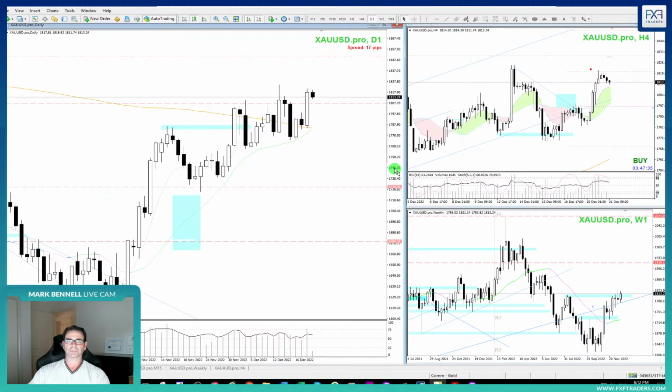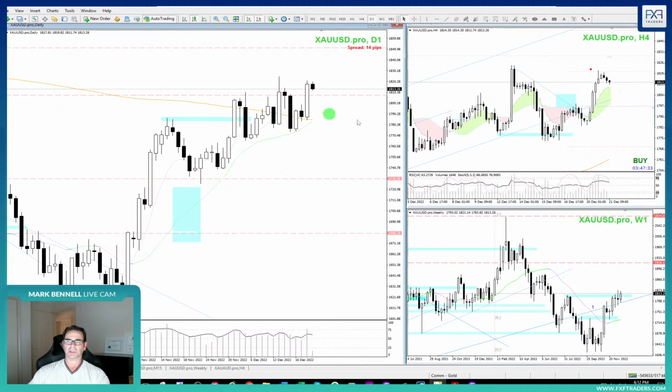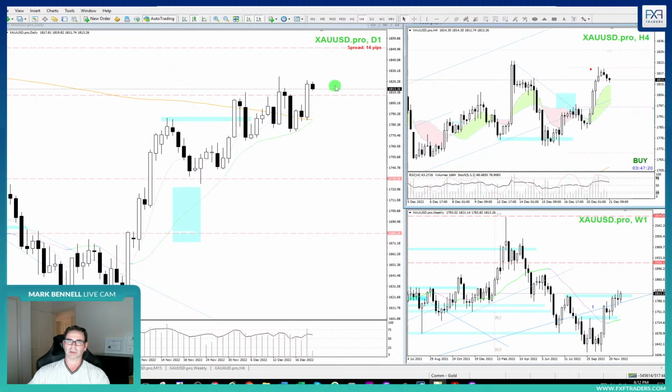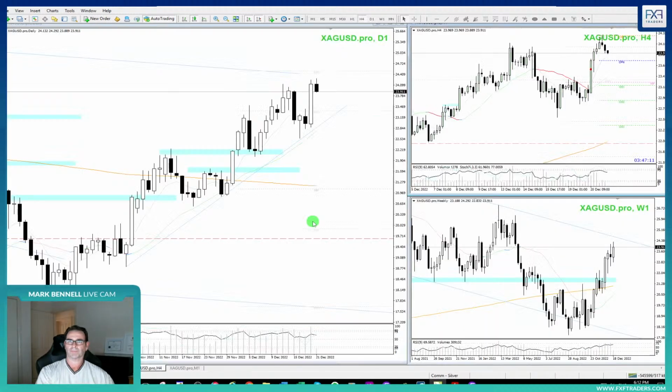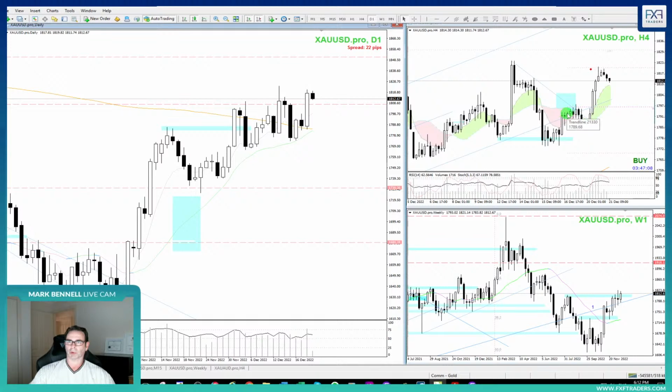Gold. I missed this yesterday. I was a bit cautious through here. So we can clearly see it's actually moved out. So gold I would be keeping. I'm not going to add it to the watch list, but I think this has got potential to pull back and then move out. That was what we wanted to see the other day.